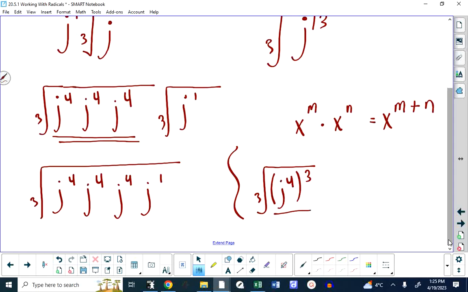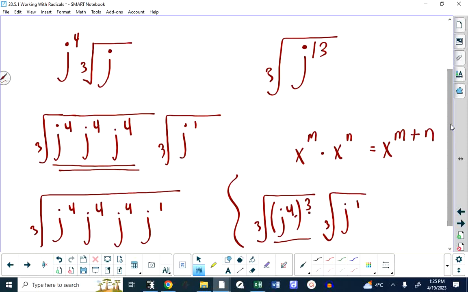Okay. Times another j to the 1 in terms of a cube root. Does anybody remember what you do with these exponents when you have, we call this a power of a power? You multiply. 4 times 3 is 12, plus that other one will give you 13. So this is the answer to the question.